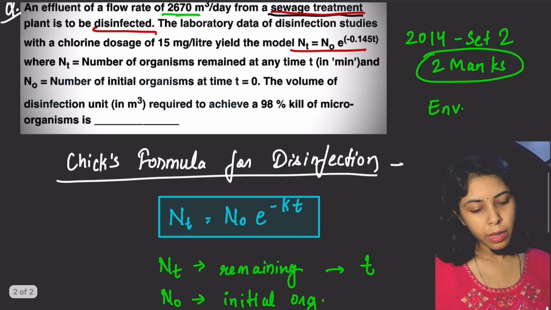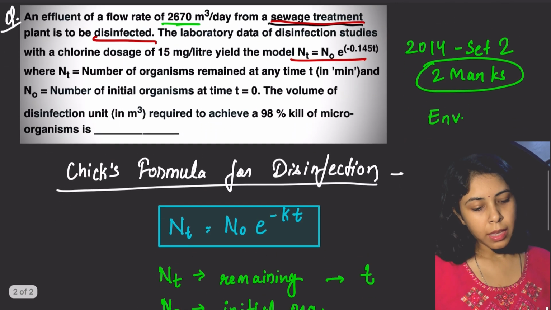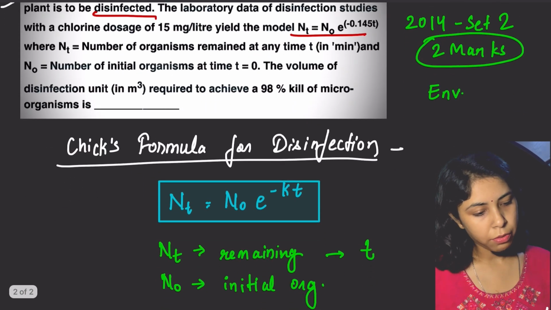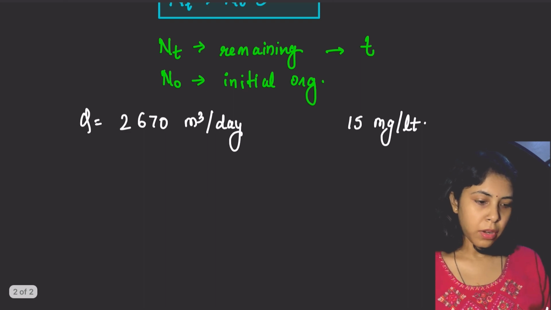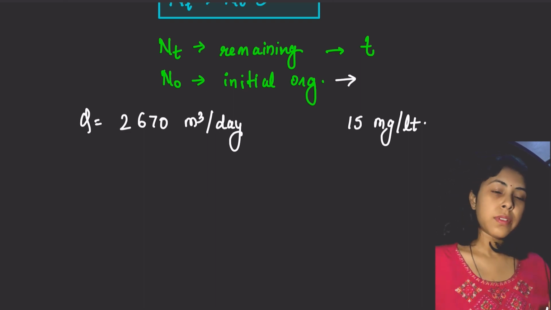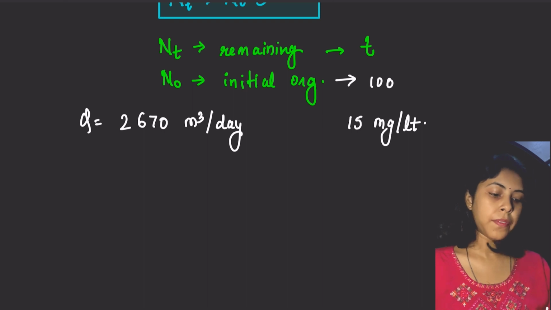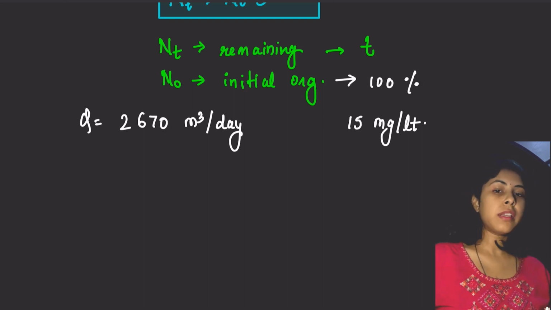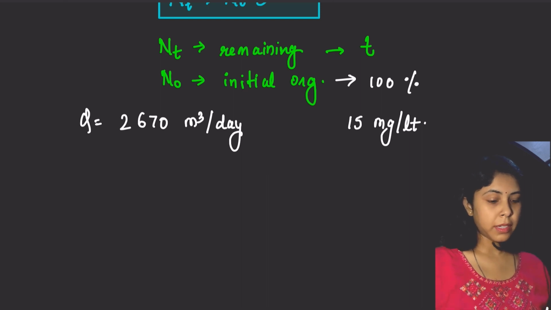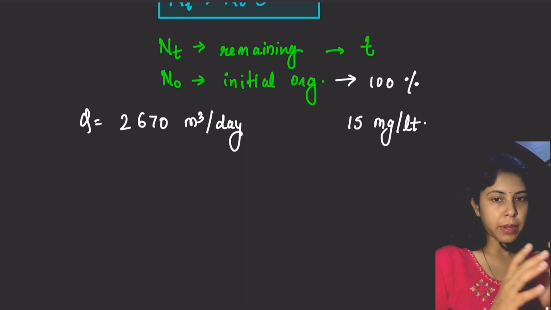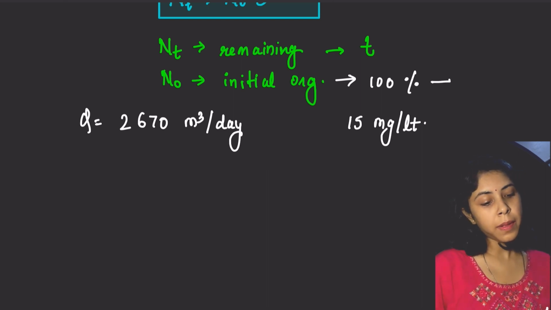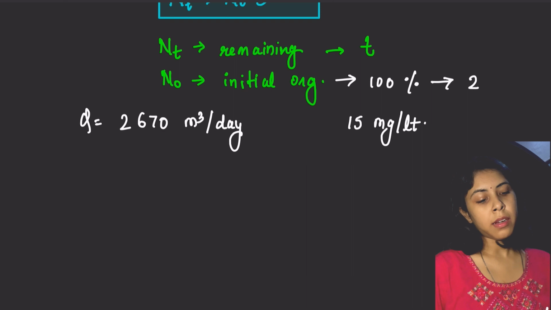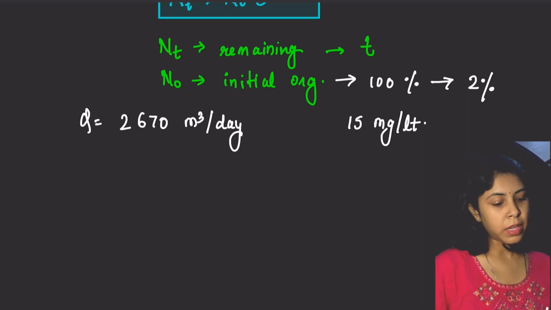Now what they are asking is a 98% kill of organisms, right? So see, this N0, if we say it is 100%, initially the organisms were 100%, and after some time, that they haven't mentioned, the percentage of the remaining organisms is 2%.